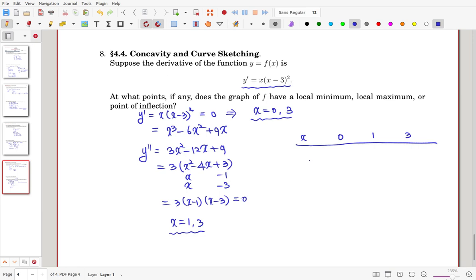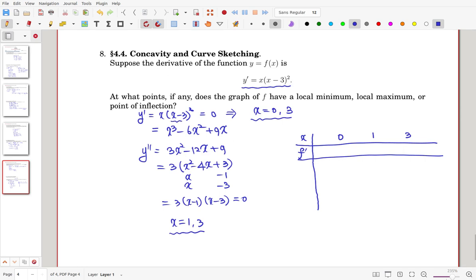Now for f prime: if x is smaller than 0, then it's negative. (x minus 3) squared is always non-negative.